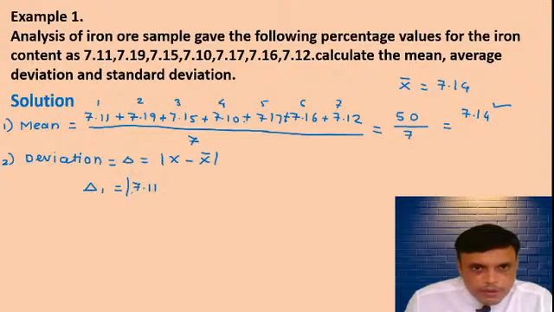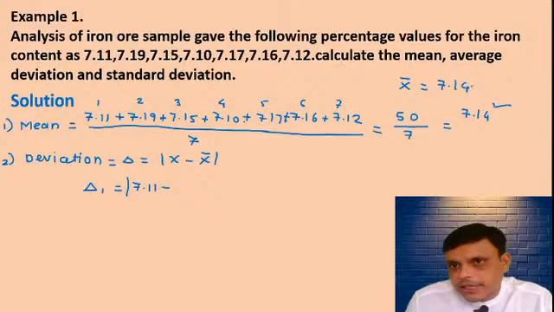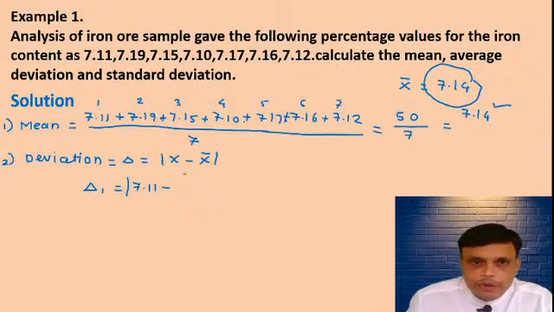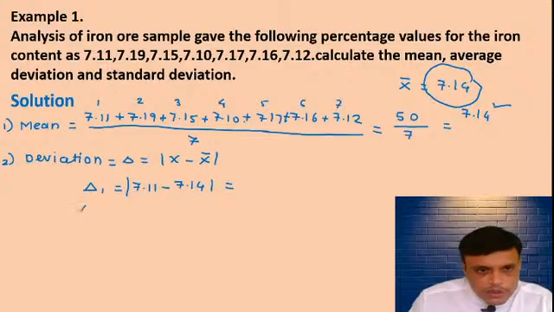So 7.11 minus x bar, and x bar is equal to 7.14. Calculate the value of del 1. Now similarly del 2. Del 2 is 7.19 minus 7.14.